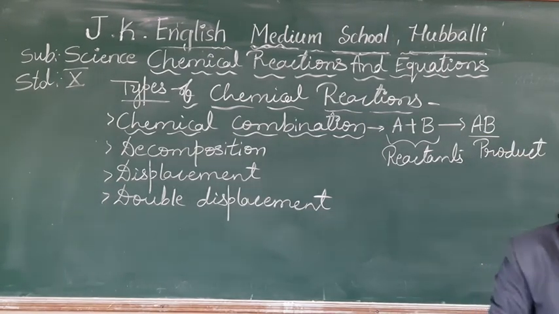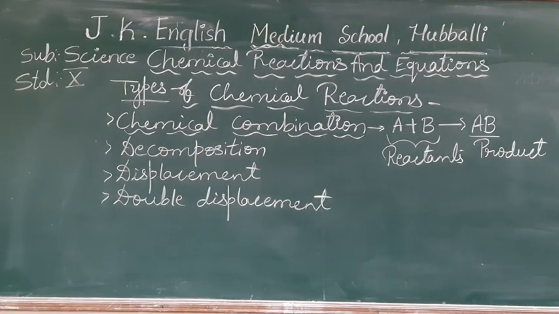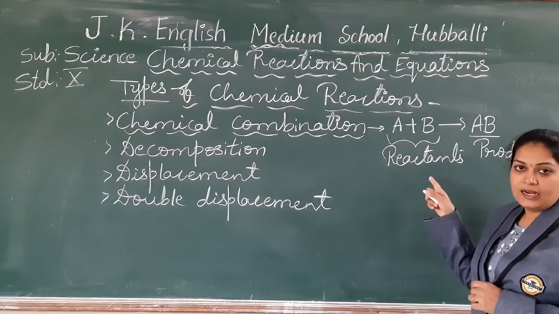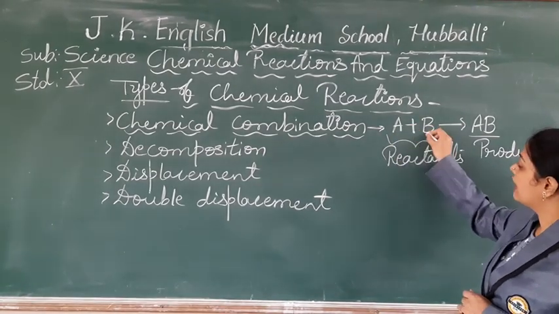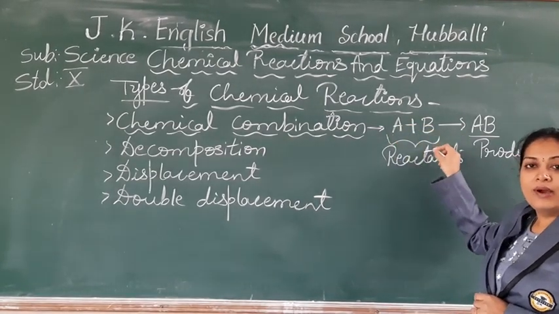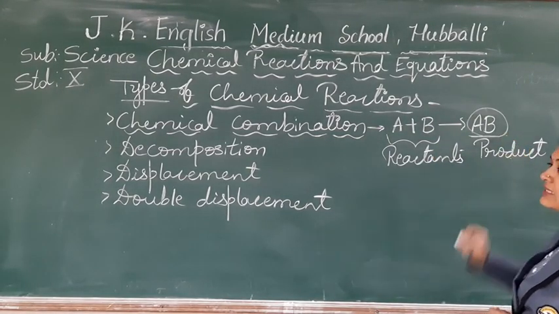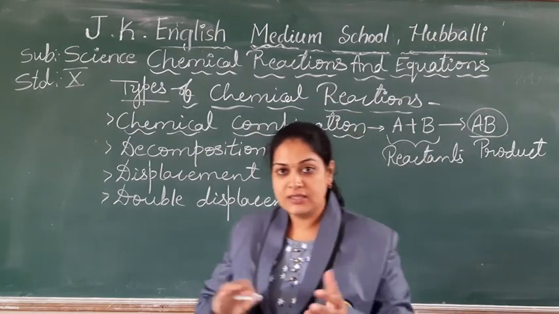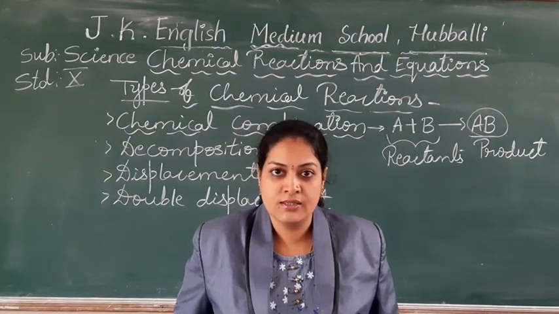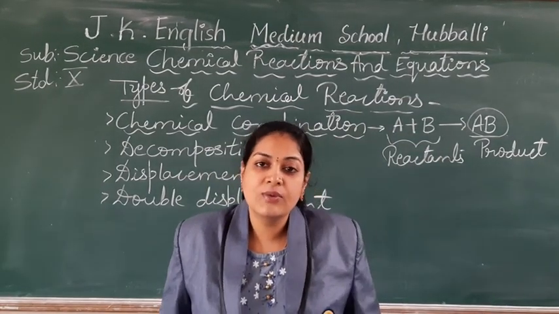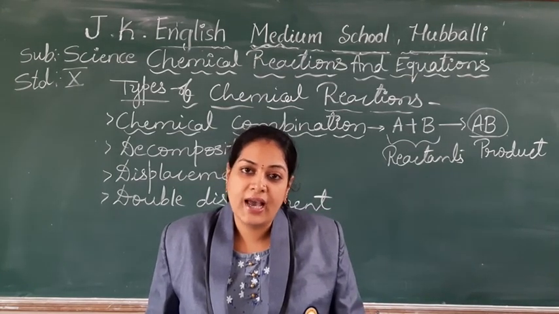So 2 reactants are going to combine with each other, and how many products you are going to get? A single product. So this type of chemical reaction is called a chemical combination reaction.